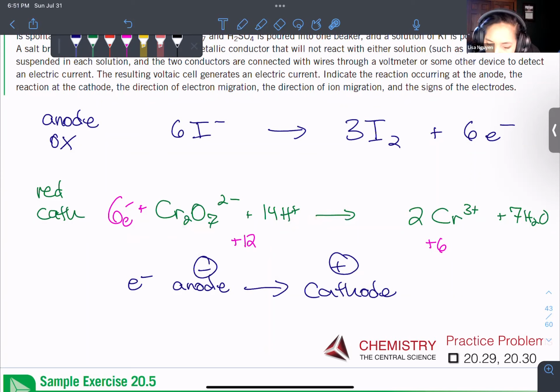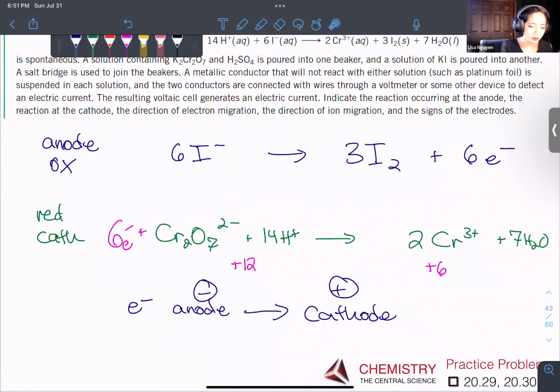And then the last question is, which way do the ions migrate when you set up this cell in your salt bridge? So this kind of has to do with the idea we're taking negatively charged iodide and we're making a neutral substance.